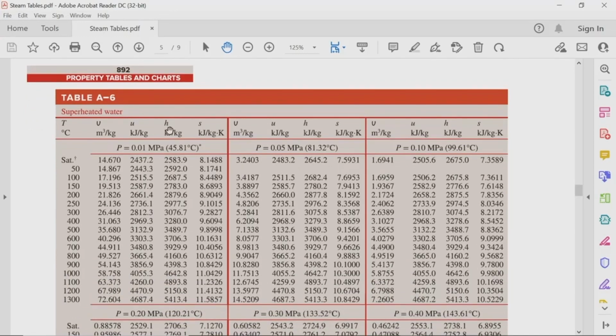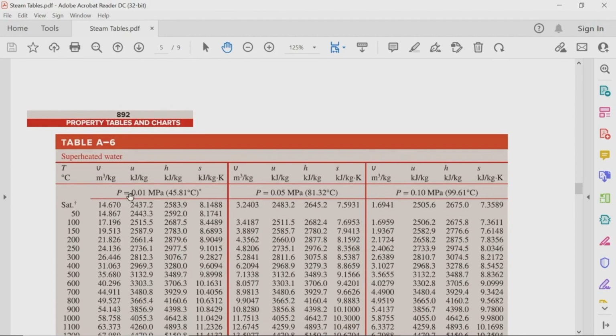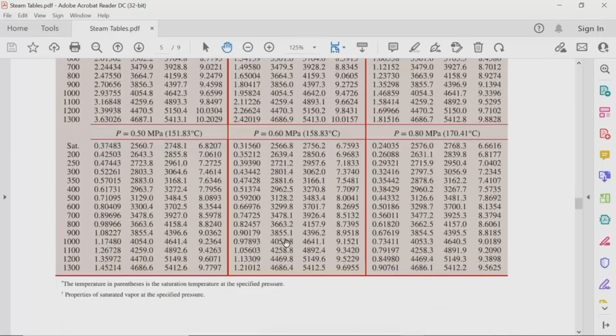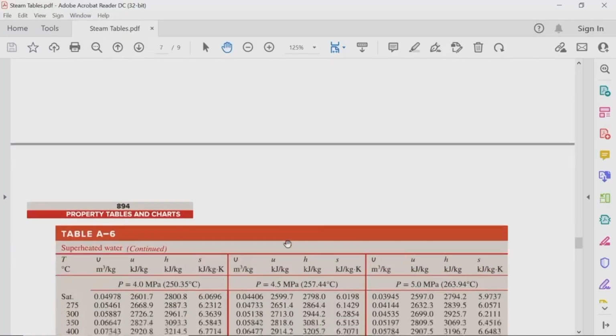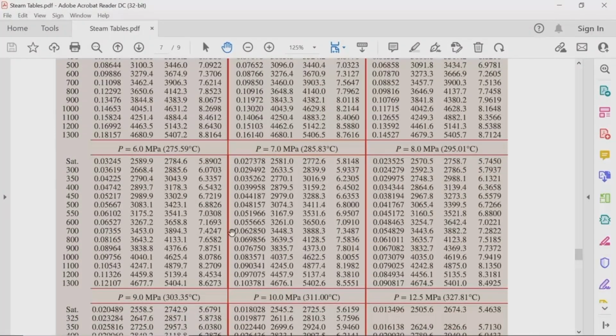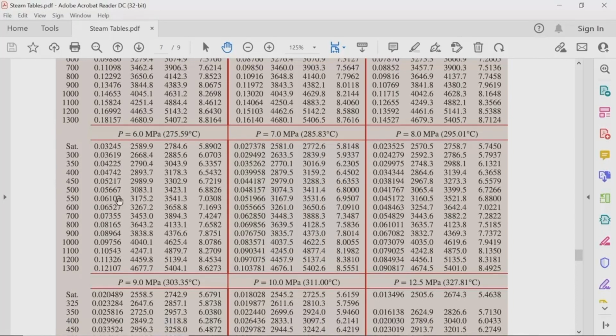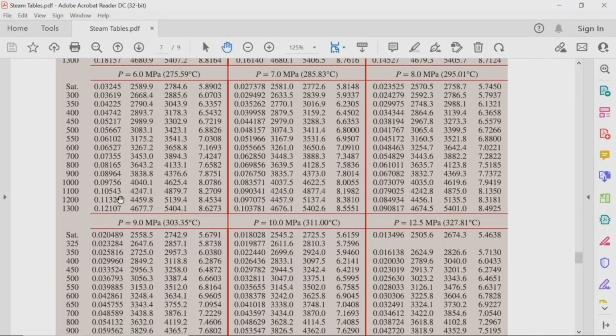As I told you, this is superheated water, and temperature is given at the extreme left column. Pressure is given, P is equal to 0.01 megapascal in the first table. Here P is 6 megapascal, so this is the table at the top left corner, where we can see 6 megapascal.